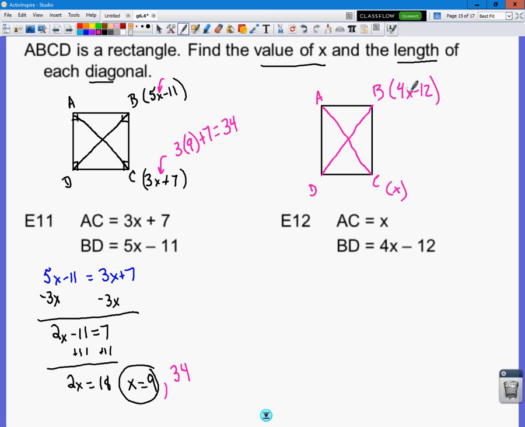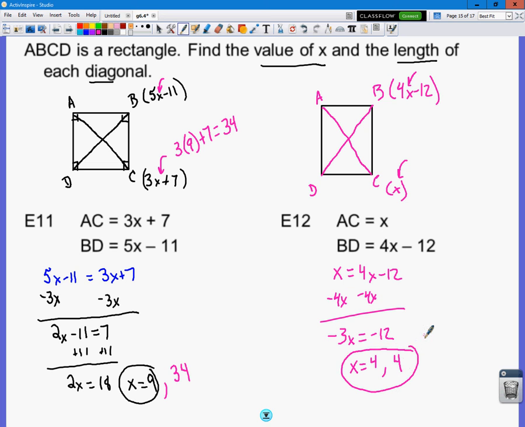What am I going to do with these two values? Set them equal to each other. If I subtract 4x from both sides, I have a negative 3x equals a negative 12. When I divide by a negative 3, I get x is equal to 4. If I plug that back into either one of these, the side length is also what? 4. There's my two answers.